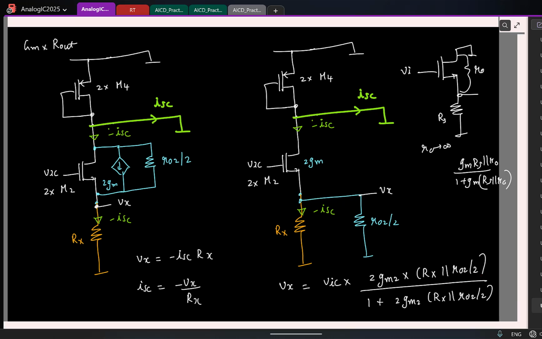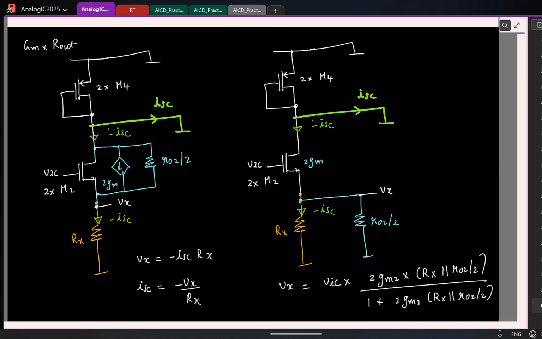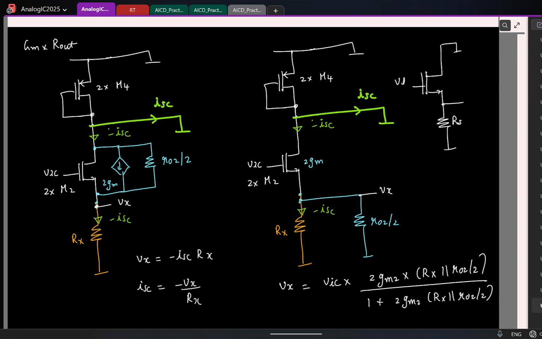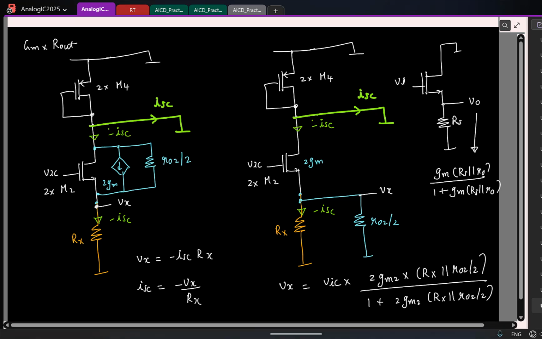If I were to write it neatly, this is Rs and this is Vi. Including R0, this Vout will be Gm times Rs parallel R0 by 1 plus Gm times Rs parallel R0. That's what you have written here also. So cool, this is now your Vx.